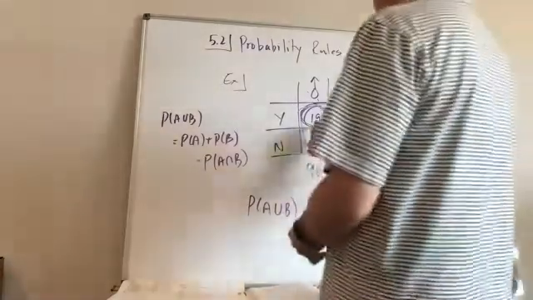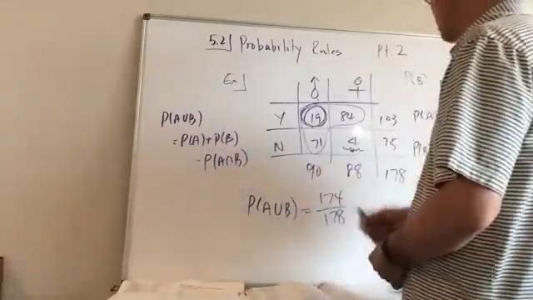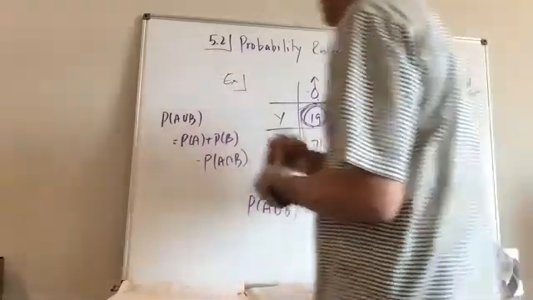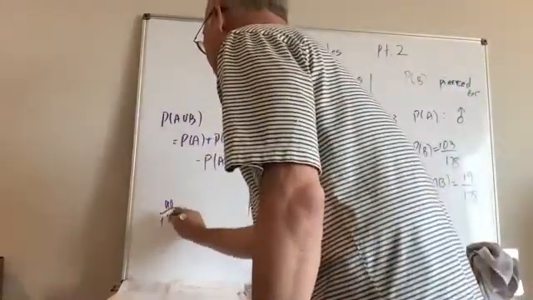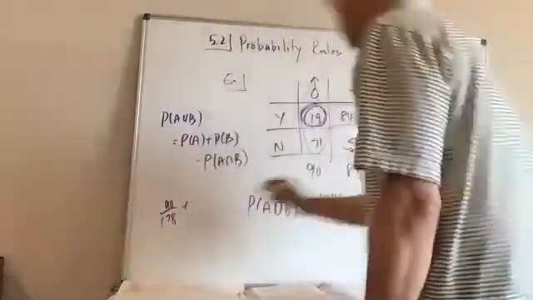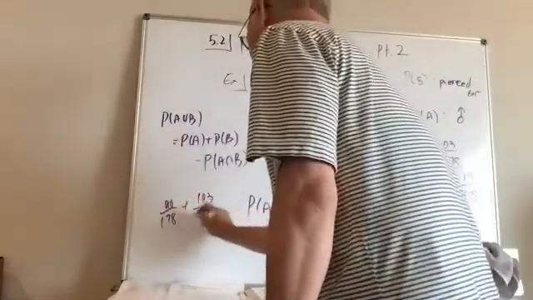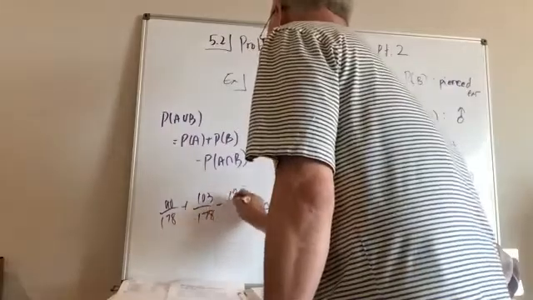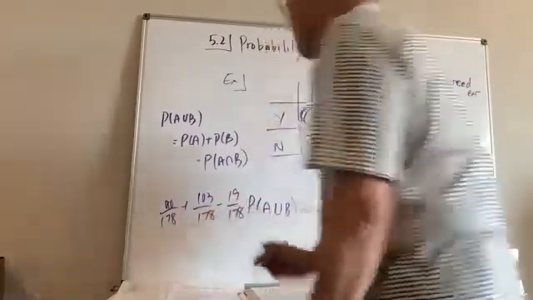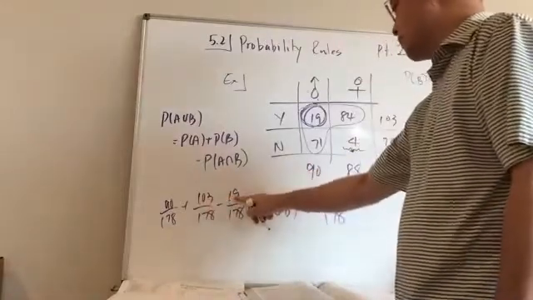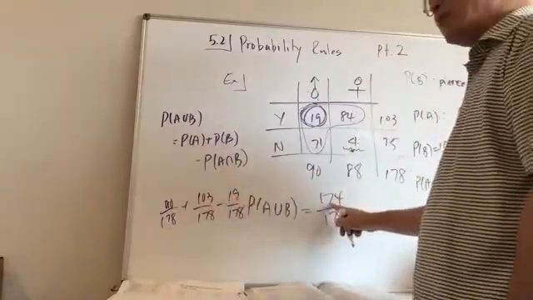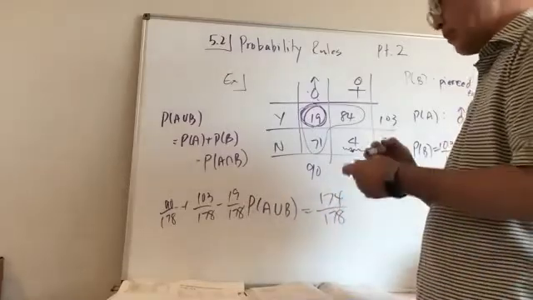Okay, so that's what I'm doing. So if I add the 90 plus the 103, I'm going to have 90 over 178 plus 103 over 178 minus 19 over 178. So it's basically 90 plus 103, which is 193, minus 19, which is 174, right? 174 over 178.